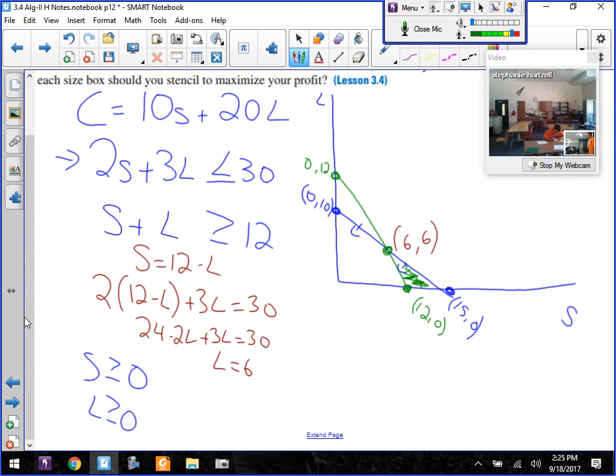Okay. How many ordered pairs do we have to check now? We'll have to check the 3. That shaded region created that little triangle space. I only have to check those 3 spots in my cost function, or profit, at 6, 6, 12, 0, and 15, 0.